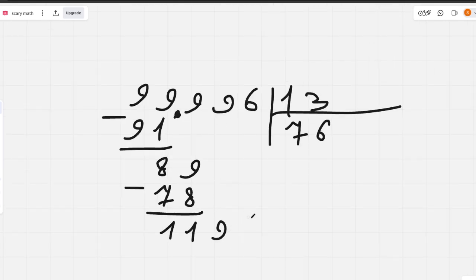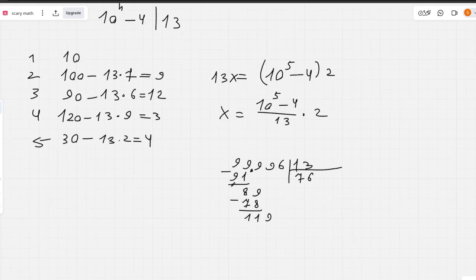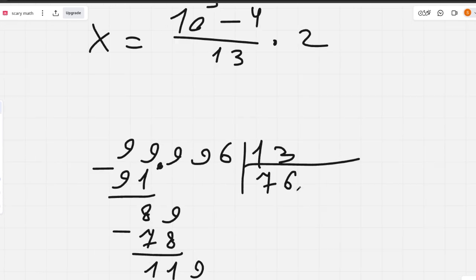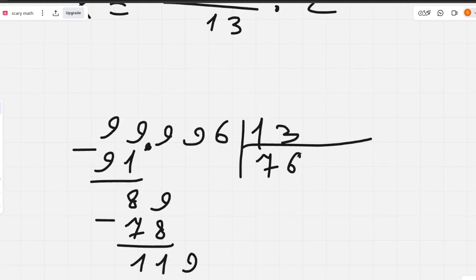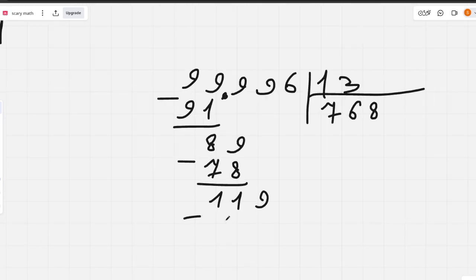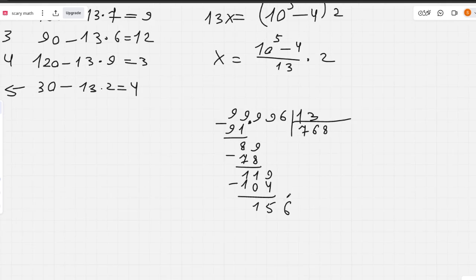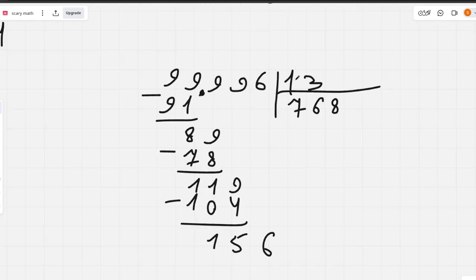Then 8 this time, or not. Okay, 13 times 8 is gonna be 104, resulting in 15.